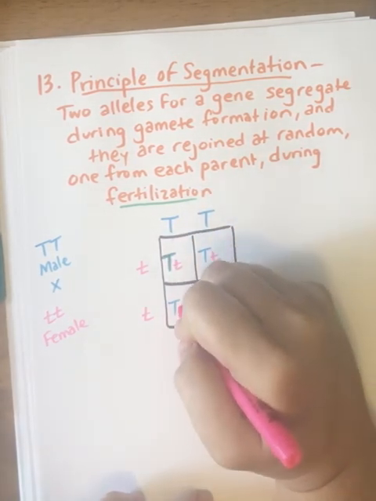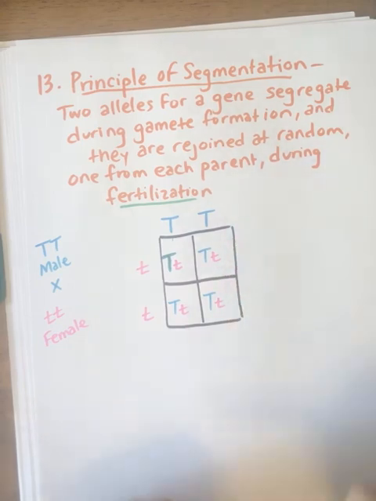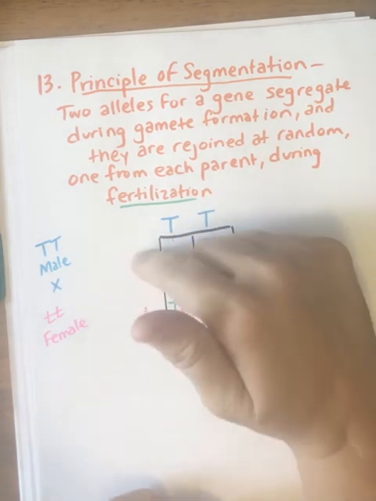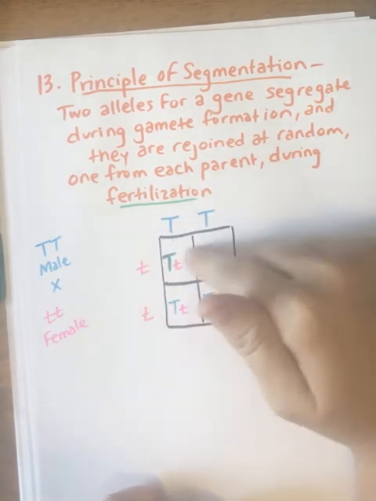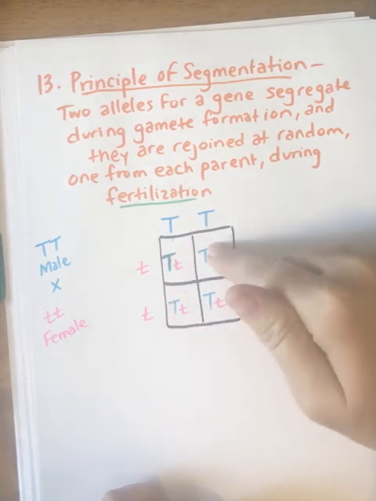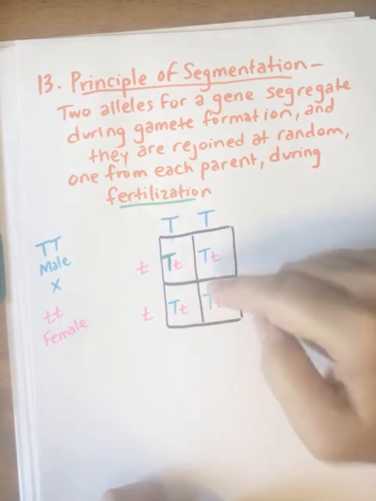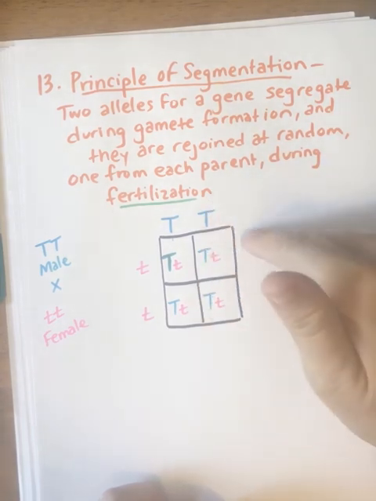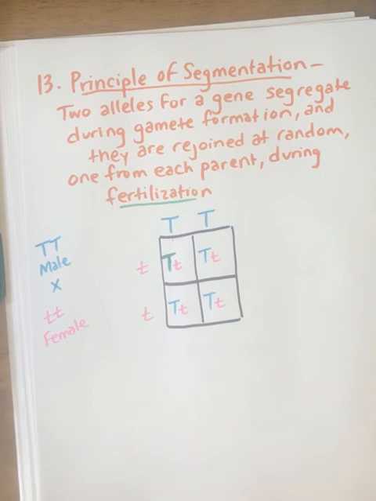So literally, we are creating a new individual, mom and dad, and this is the possibilities of their offspring and their babies and their genotypes. So this is the principle of segregation, and we're using a Punnett Square to help us figure this out. So these are the principles of segregation.